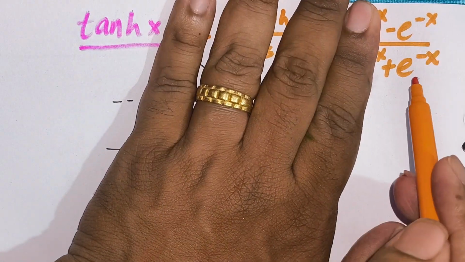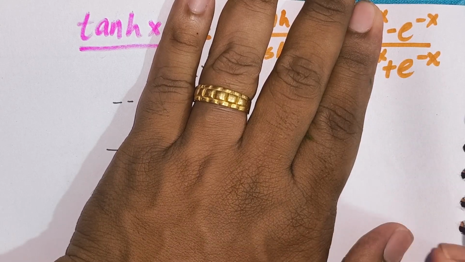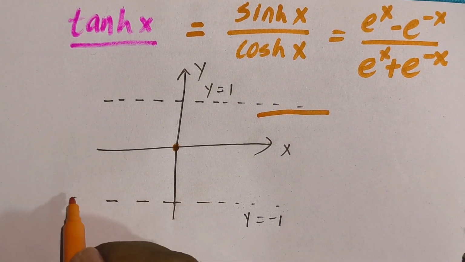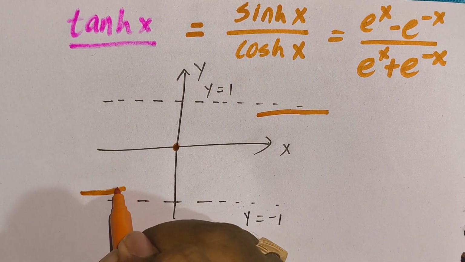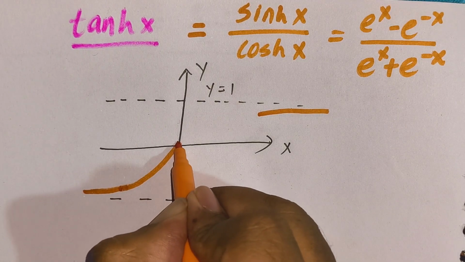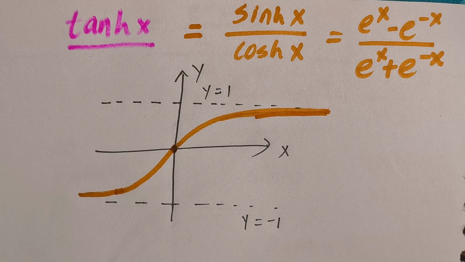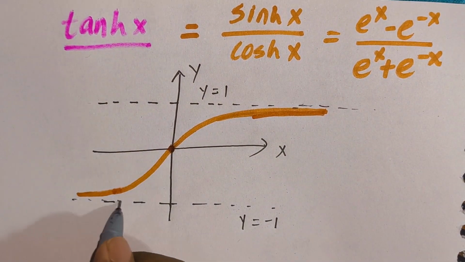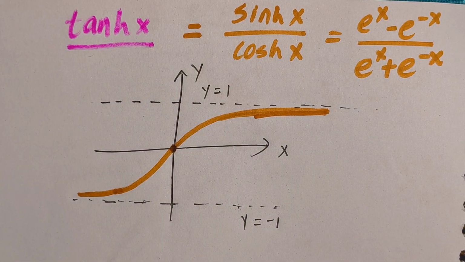Minus e to the power minus x over plus e to the power minus x. They are the same, so their ratio will go towards minus 1. So for large negative x, hyperbolic tangent looks like this, and it goes through the origin. The graph of hyperbolic tangent will look like this one. It will never touch this line, also the y equals minus 1 line. So this is hyperbolic tangent.